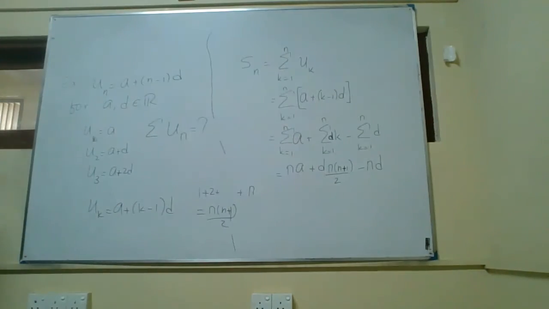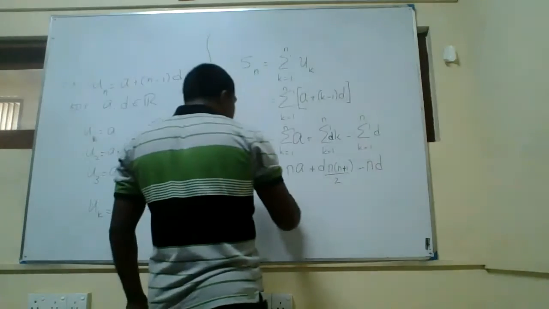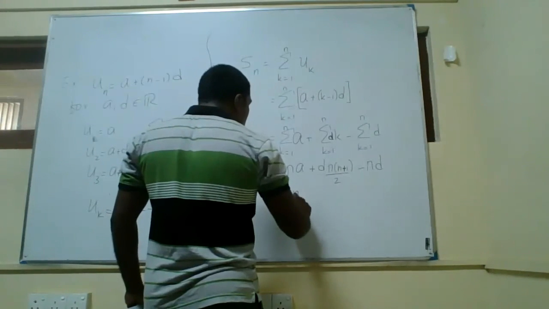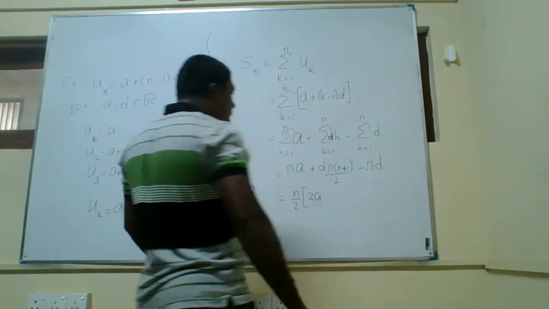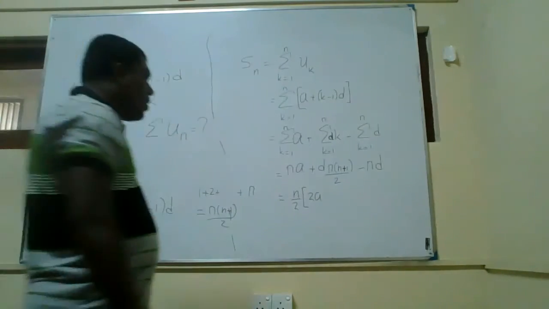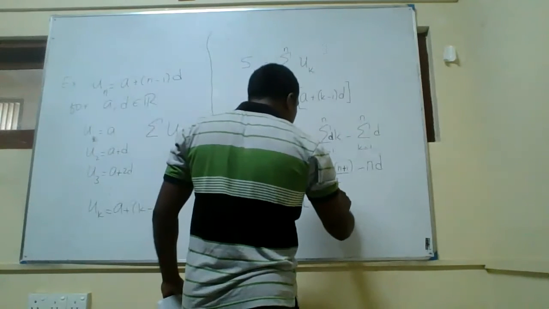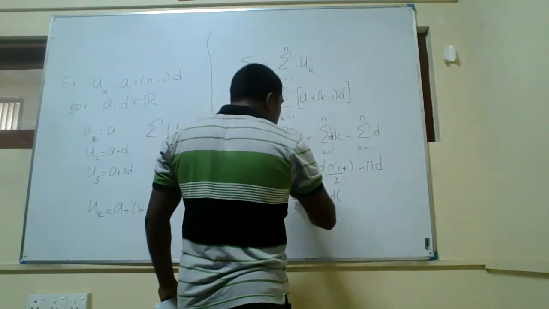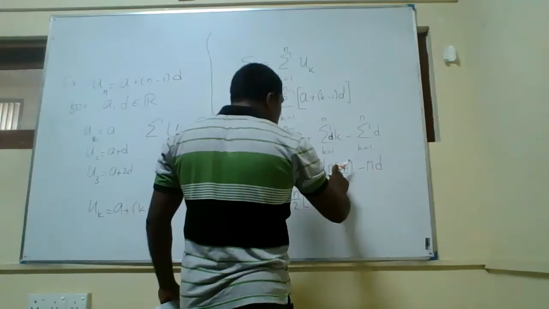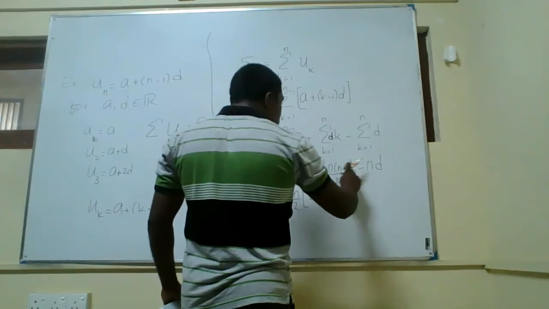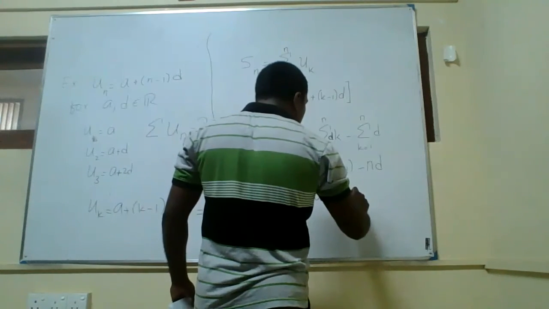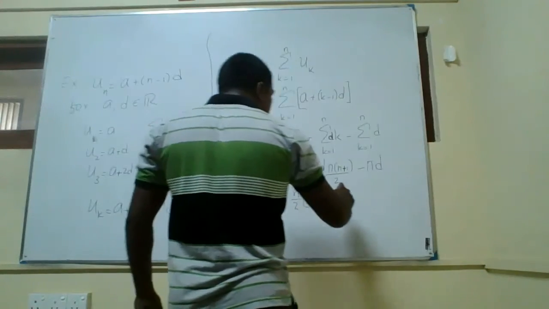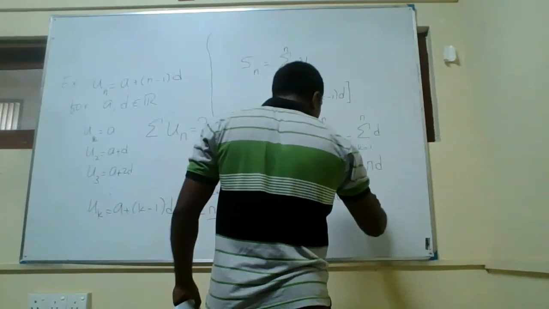Now you can combine all of them. Take n over 2 out, and you get 2a plus d times, since you take n out, (n plus 1 minus 2), so n minus 1.